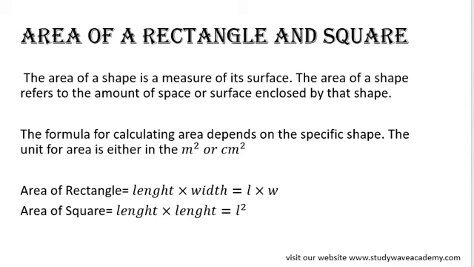Okay, and there are formulas we use in calculating the area, but that depends on the specific shape. Each shape has different formulas in finding their area, and today we are going to be looking at the rectangle and the square.